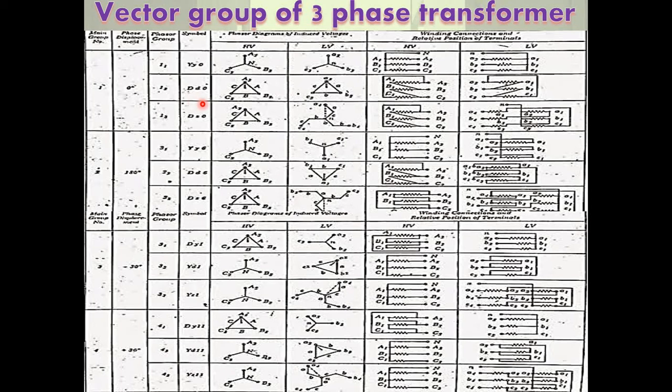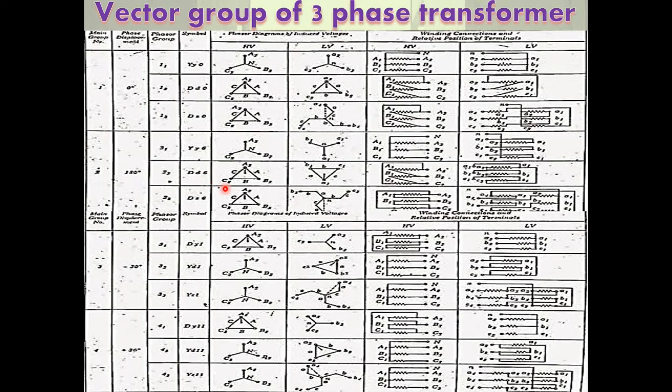Okay, so capital Y and D are HV sides, small y and d are LV sides, and zigzag is capital letter Z. Thus the symbol star-star 0 represents a star-star winding with 0 degree displacement.